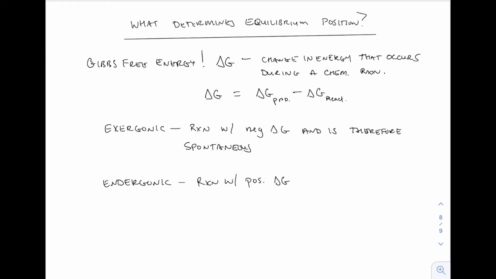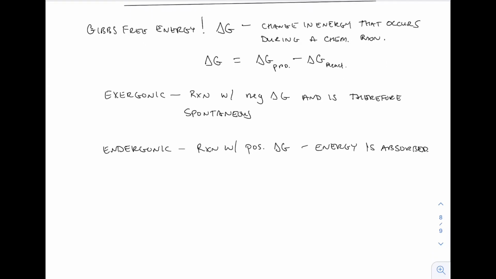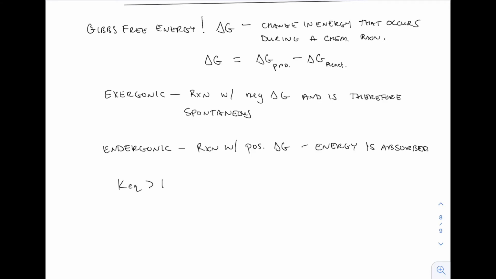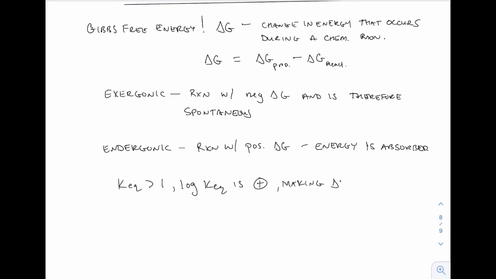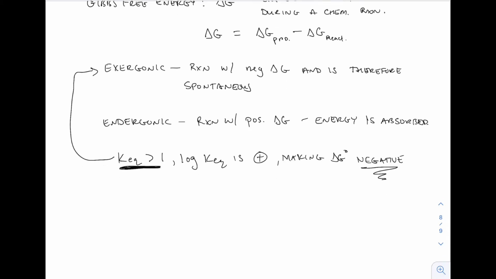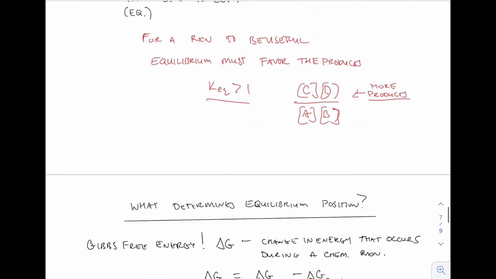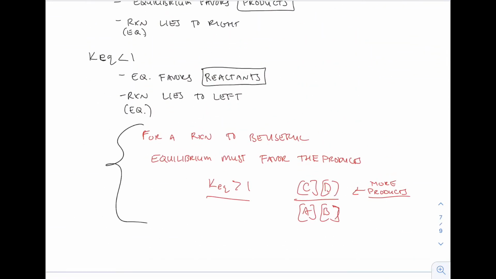And then endergonic is when the reaction has a positive delta G. That means energy is absorbed, and so this is not necessarily going to favor the reaction moving forward. Okay, so when Keq is greater than 1, the log of Keq is a positive value, and that makes delta G a negative number. So that means it's exergonic, and again, that means we want Keq to be greater than 1, as we stated above.